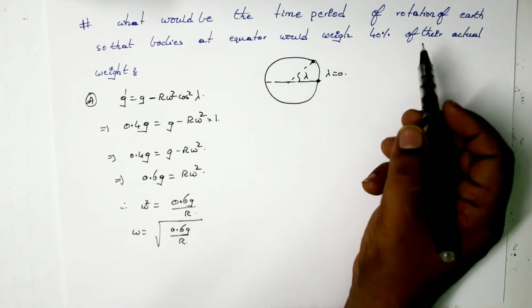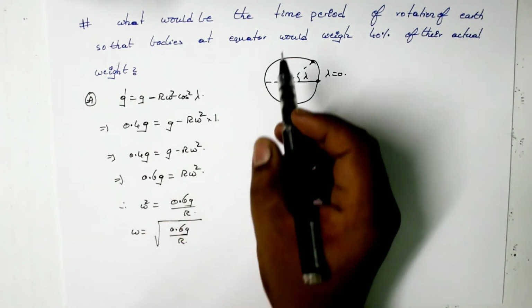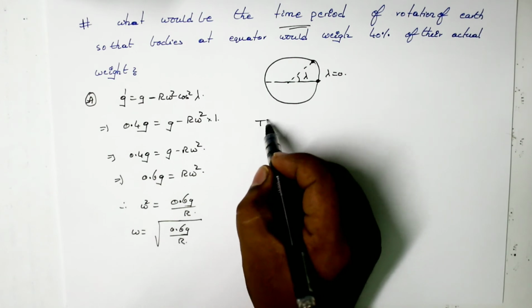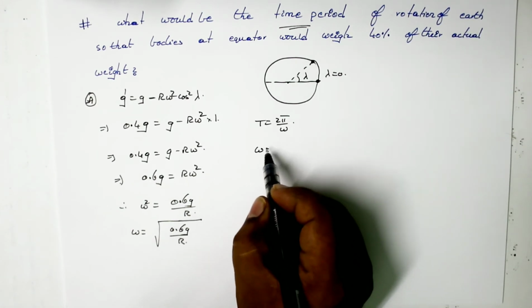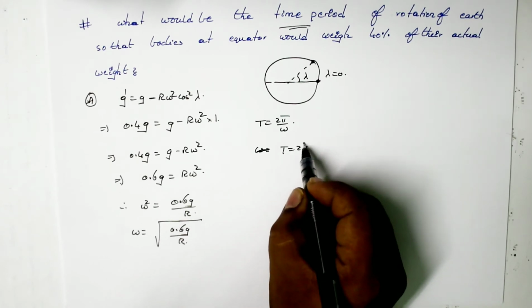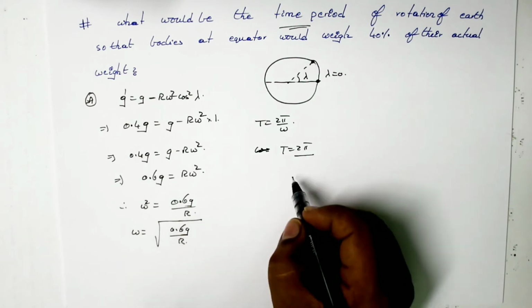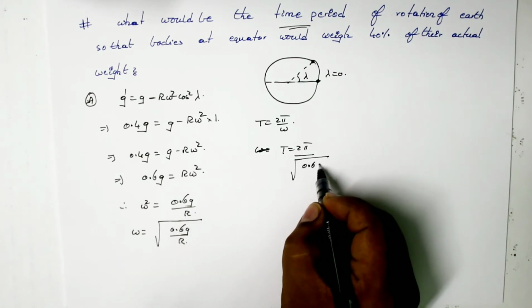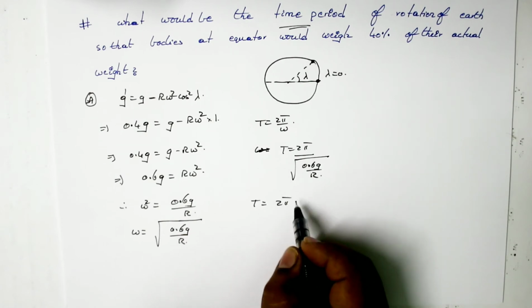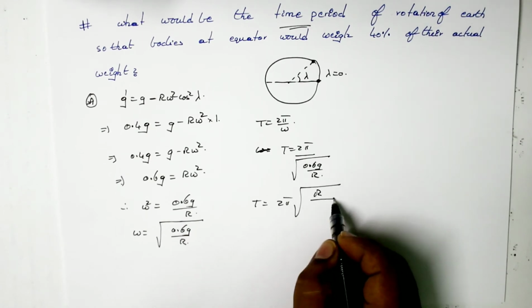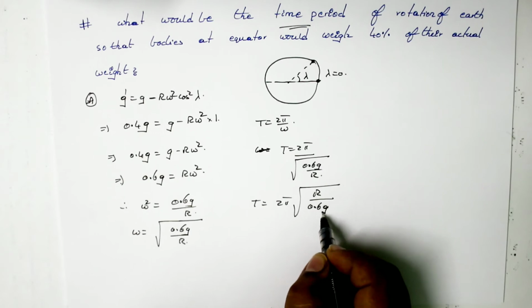But here he is asking us to find the time period. We know that time period is equal to 2 pi divided by omega. So T is equal to 2 pi into the square root of r by 0.6 g.